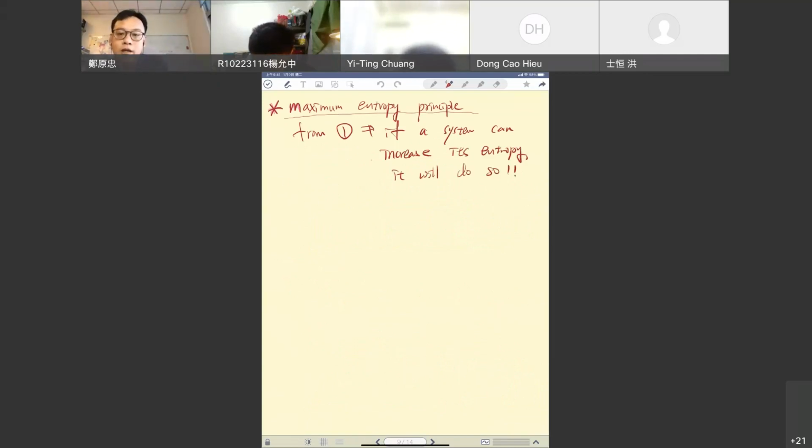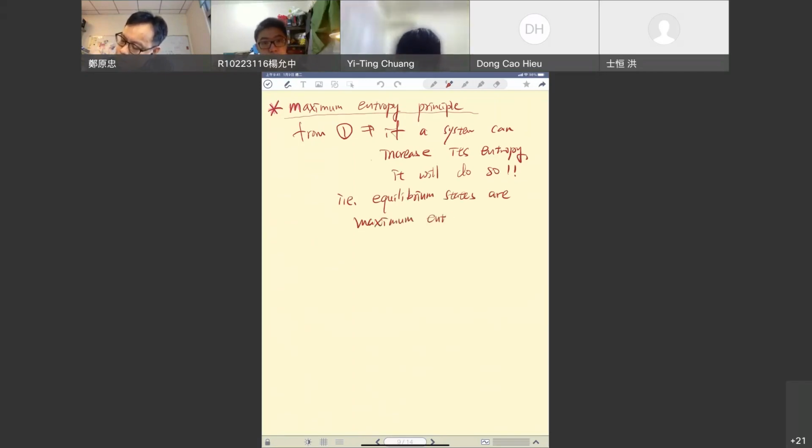As long as the entropy can be increased, a spontaneous process will bring the system to a higher entropy state. So this means equilibrium states are maximum entropy states.